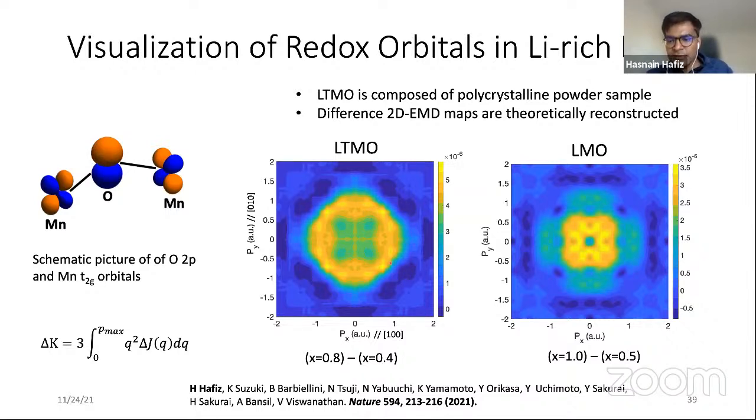And this gives an overall picture of how this oxygen 2p state that is non-bonding is participating with the neighboring oxygen. These oxygen states are not participating in any kind of covalent bond formation, but they are participating in the redox process like an atomic orbital, and that is also influencing the neighboring manganese site.